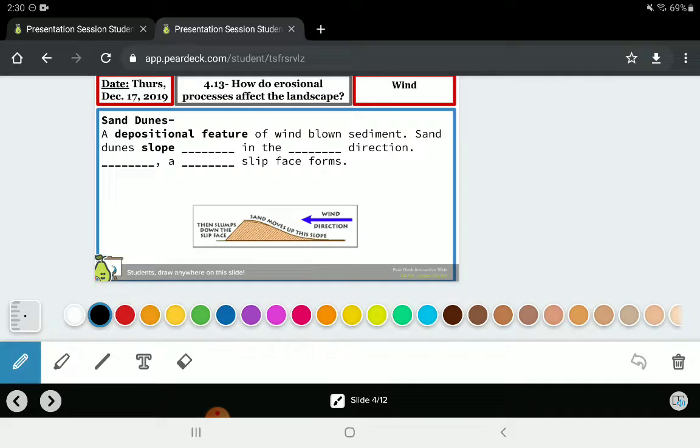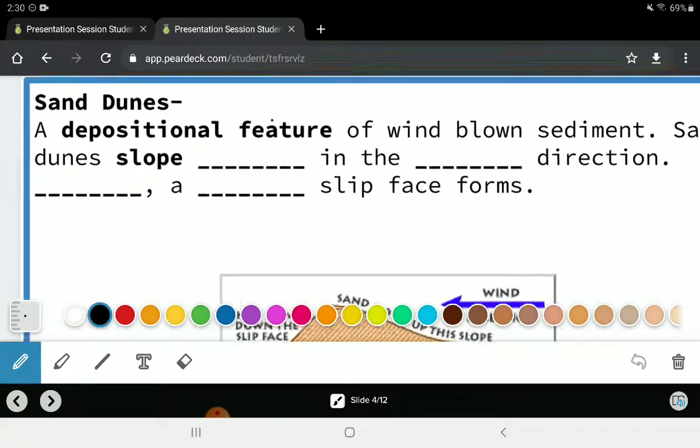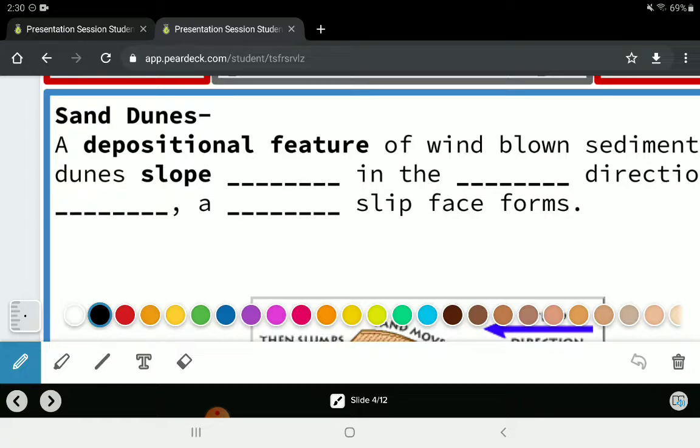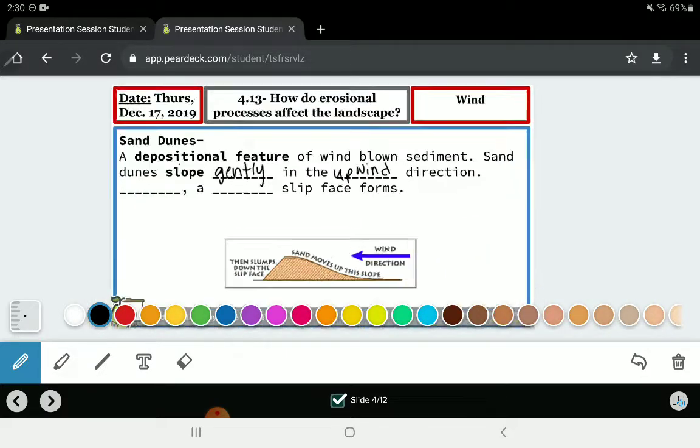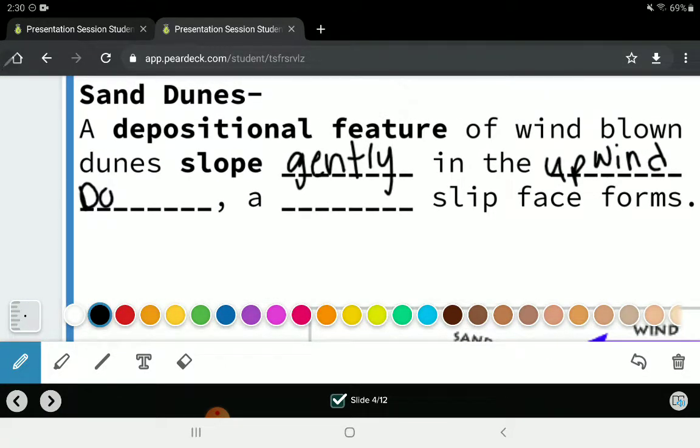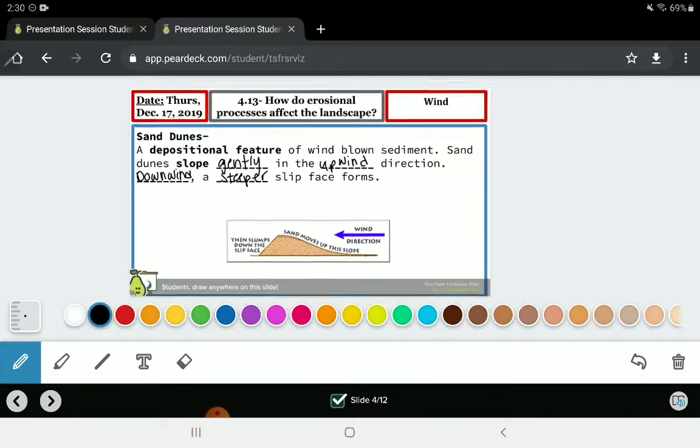So a certain depositional feature of wind are called sand dunes. Sand dunes slope gently in the upwind direction, and downwind they have a steeper slip face that forms.